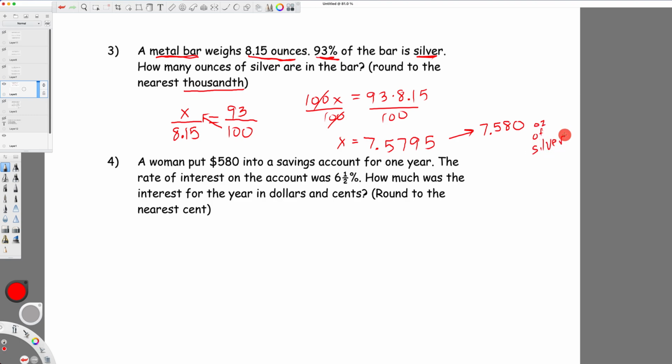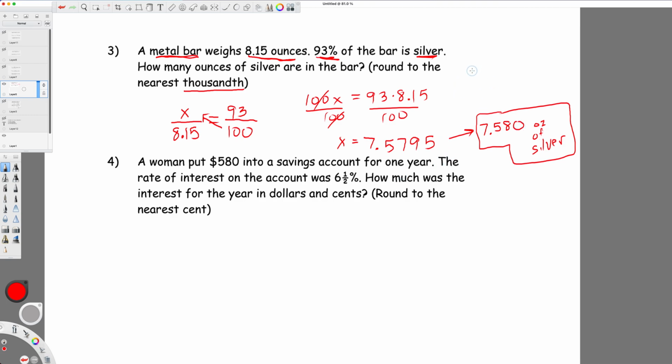And you may be thinking, why can't I just drop off that 0? And technically it's the same value, but if you drop off that 0, anybody would assume that you rounded to 2 decimal places. So putting that 0 means we know it is to the thousandths place, a 0 there.